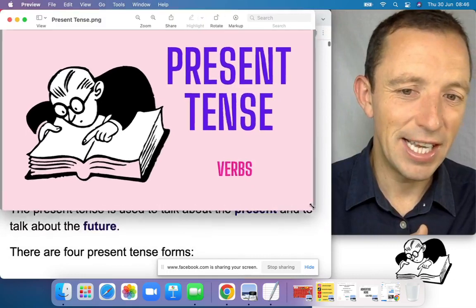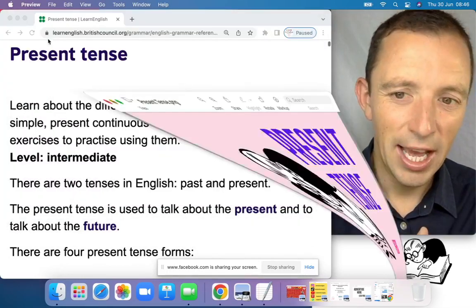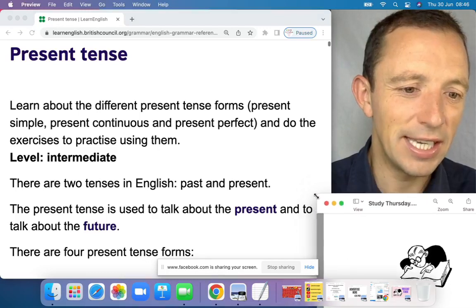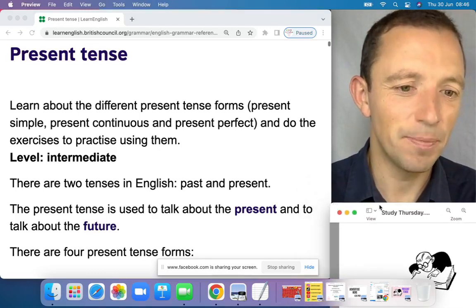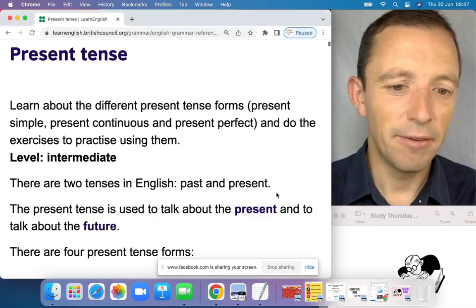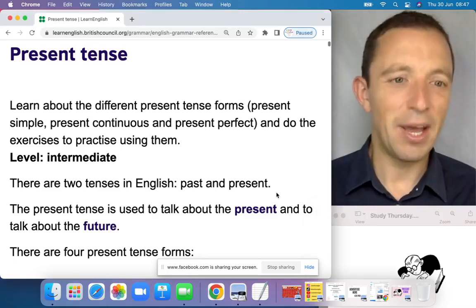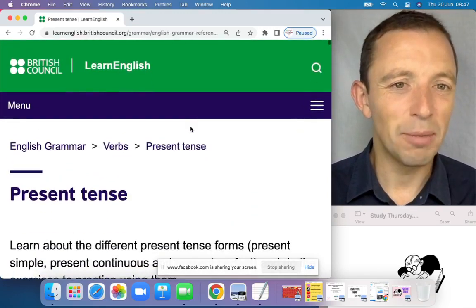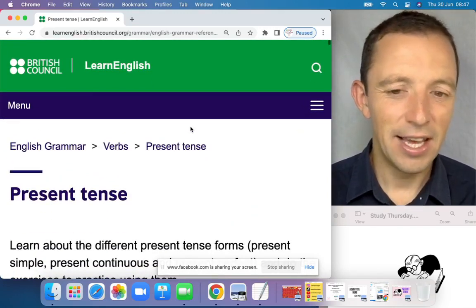Here you can see the page that we are using, and we are specifically focusing on the British Council website. The British Council website is excellent for English, and every day we look at a particular topic. Today we focus on the present tense.